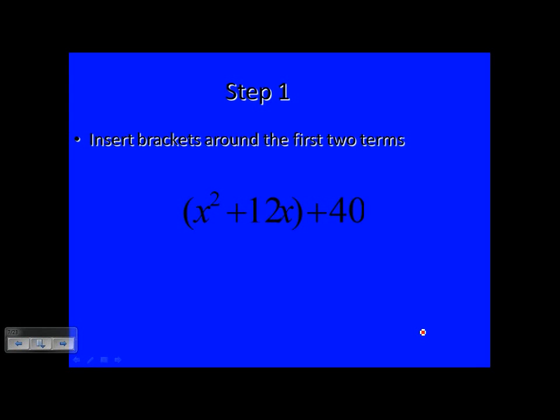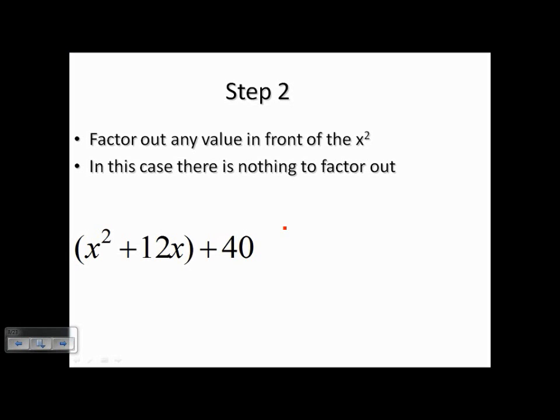Step 1, we're going to take our f of x equals x squared plus 12x plus 40, and put brackets around the x squared term and the x term. Step 1 is pretty straightforward. Step 2 is to factor out any number that's in front of the x squared. In this case, there's nothing in front of the x squared, so Step 2 is kind of a wash. Don't need to do anything. There should still be an f of x here.